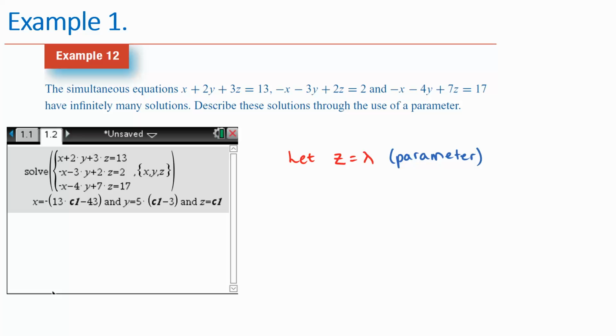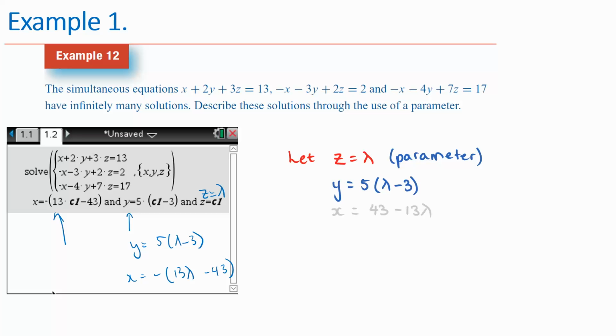If z is my lambda, then y equals 5 times lambda minus 3, and x equals negative 13 lambda minus 43.